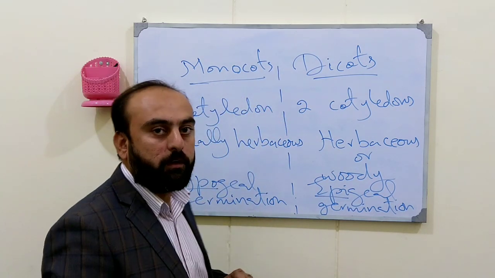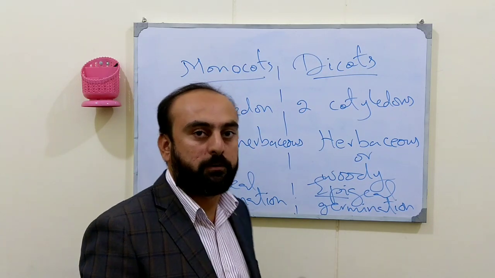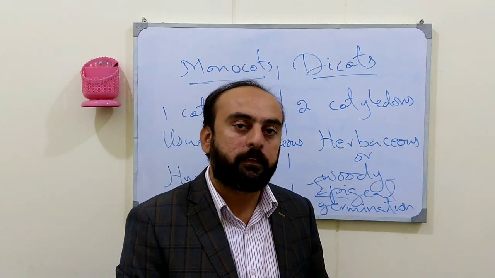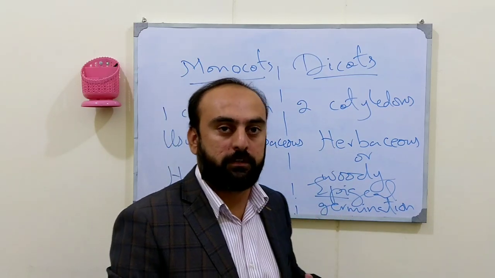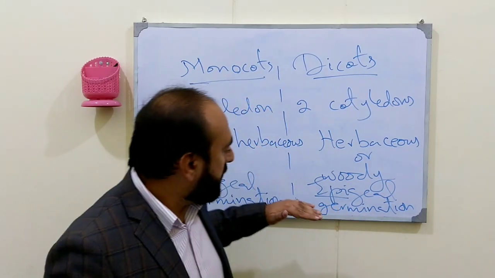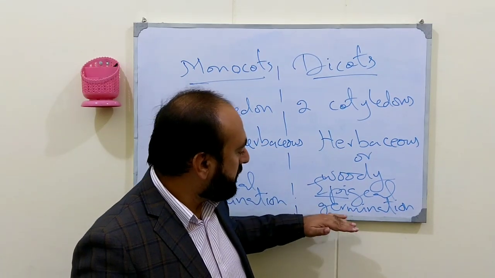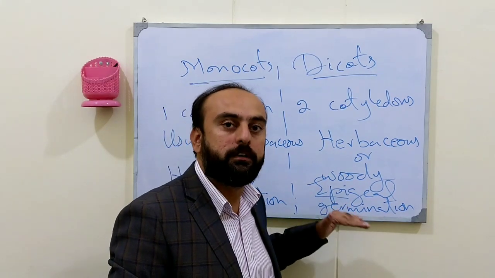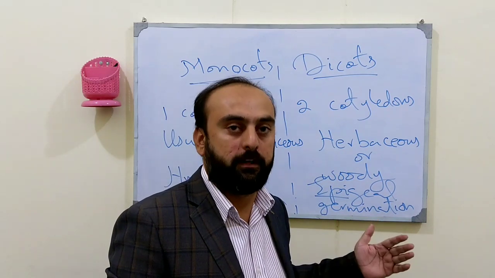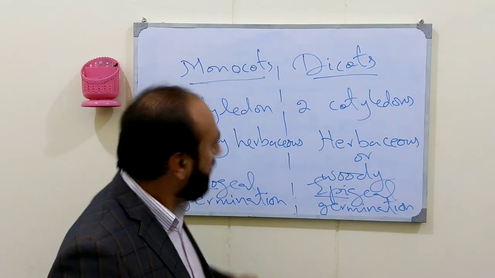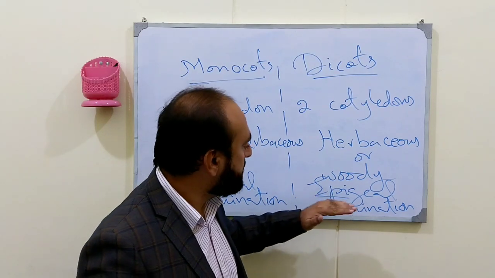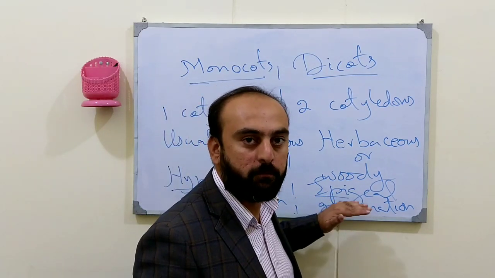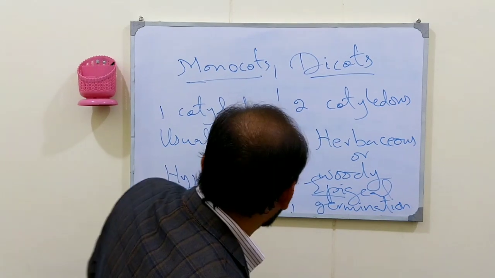In hypogeal mode of germination, during the process of germination and afterwards, the seed remains below the soil surface. Whereas in epigeal mode of germination, the seed or cotyledons come above the soil surface. So monocots have hypogeal mode of germination, whereas dicots have epigeal mode of germination.